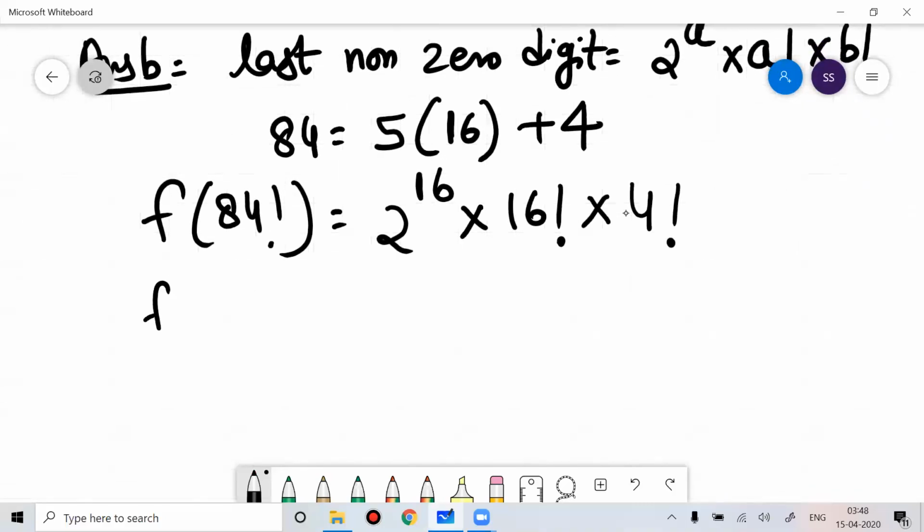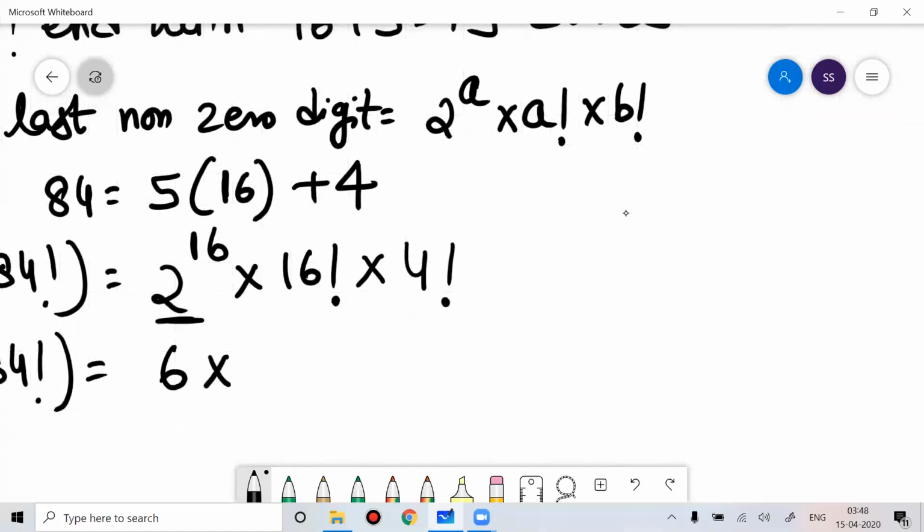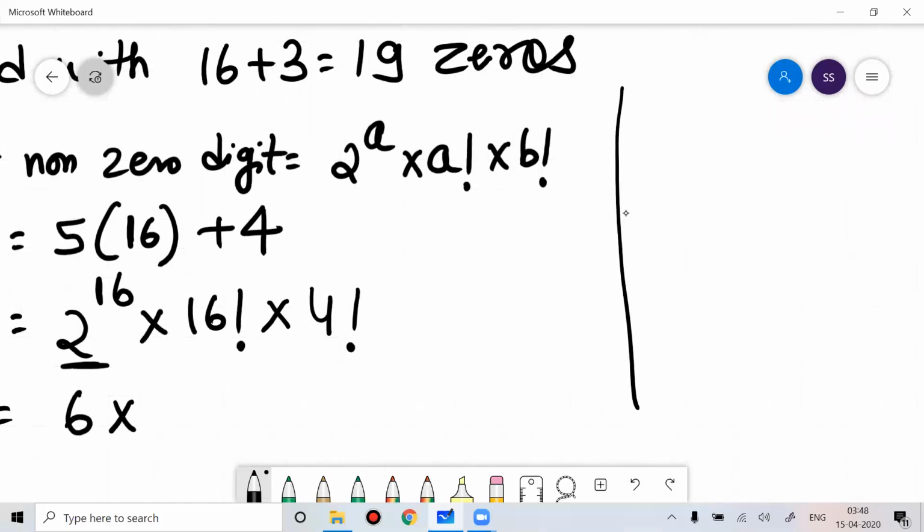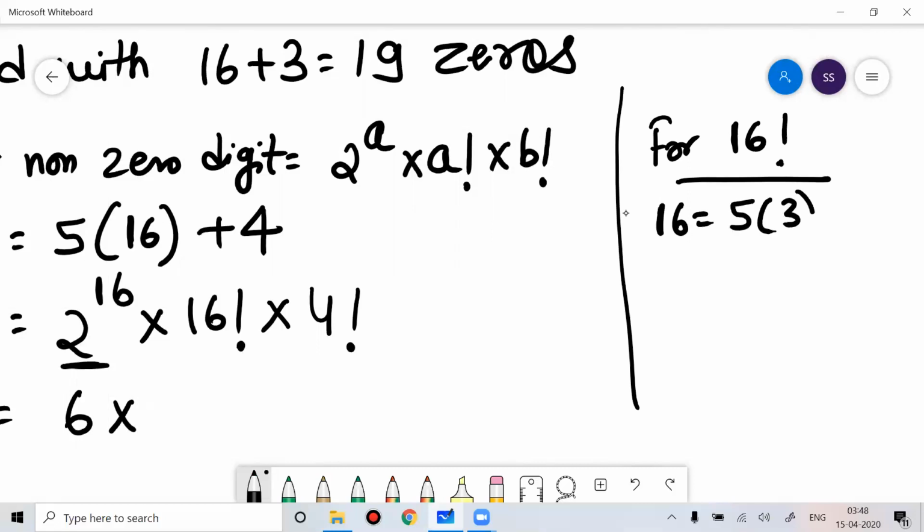Now you can go ahead. So the function for 84 factorial: 2 to the power 16, what is the unit digit of that? That is 6. Now 16 factorial, we can do separate work for it. The same work you can do for 16 factorial: 16 you can write as 5 into 3 plus 1.